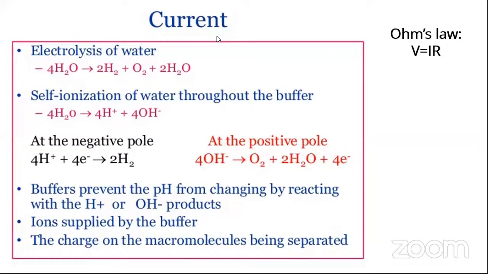And if I can, then what is going to be responsible for the resistance value during electrophoresis? We have already discussed this. So I am interested in finding out whether you still remember the concept or not. Yes? So what will be the deciding factor that will control resistance here?